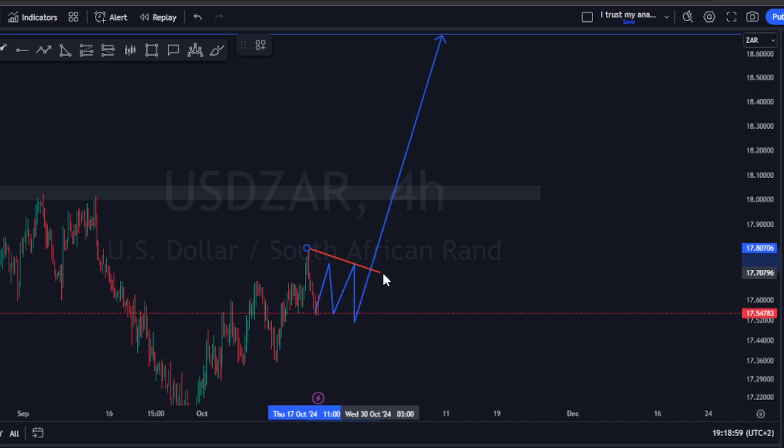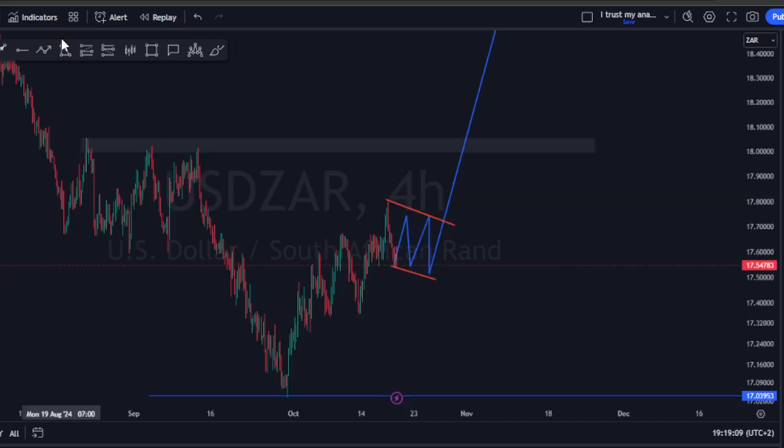So if price invalidates that first setup and continues to push down and breaks the previous low, I'll still be looking for the same things, ladies and gentlemen. Break, retest, and then my target will be, let me just zoom, this low.